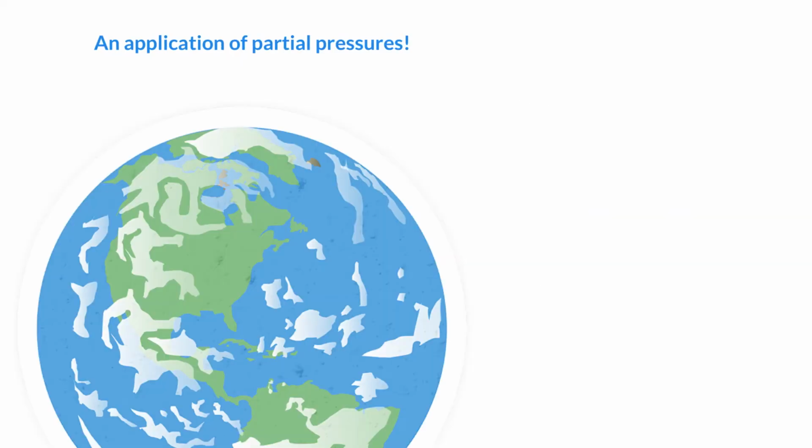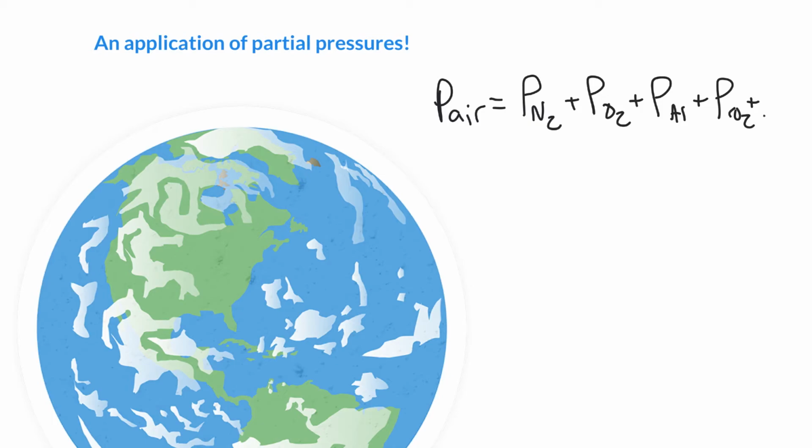So we can use an application of Dalton's law of partial pressures. If we remember, the pressure of air is the partial pressure of nitrogen and oxygen and argon and carbon dioxide and whatever else it may be. And we know that each one of these partial pressures must add up to the total pressure. Well, if the total pressure is a little bit lower, that means all the partial pressures have to be lower. So if you were sitting on top of a mountain here, somewhere in North America, and okay, we can draw ourselves here.